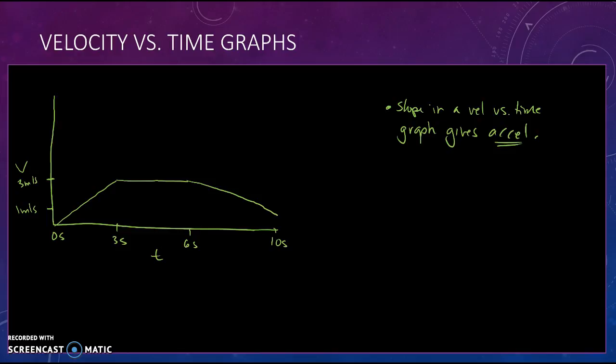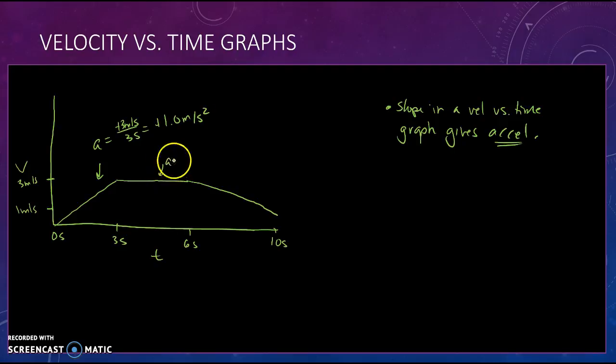So for this one, our acceleration would be a positive 3 meter per second change over 3 seconds, so our acceleration is positive 1 meter per second squared. Remember that's the sign of the acceleration.